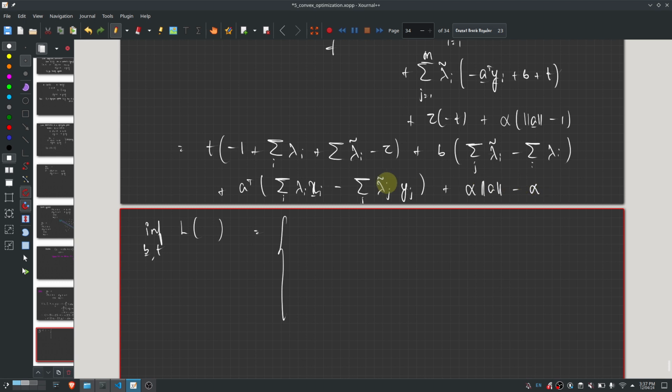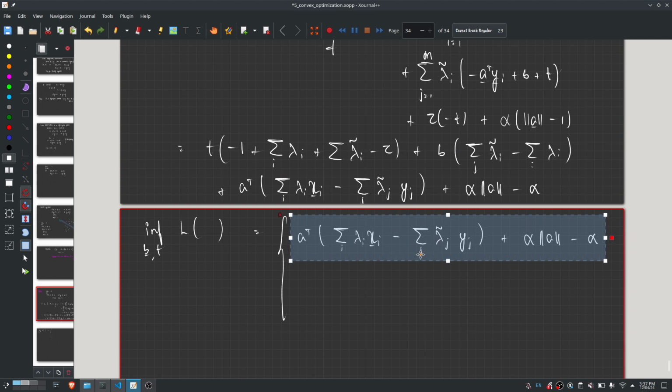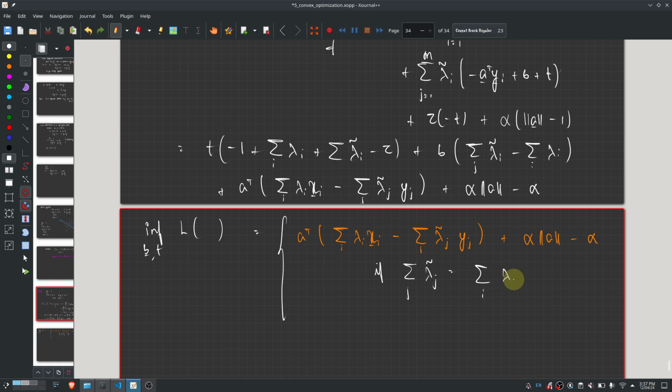And when these two are equal to 0, what is the minimum equal to? There's still terms, right? It's going to be equal to this, if these two are equal, which is summation over J lambda J tilde equal to sum over I lambda I, and this quantity is equal to 0, which means summation over I lambda I plus summation over J lambda J is equal to 1 plus tau.